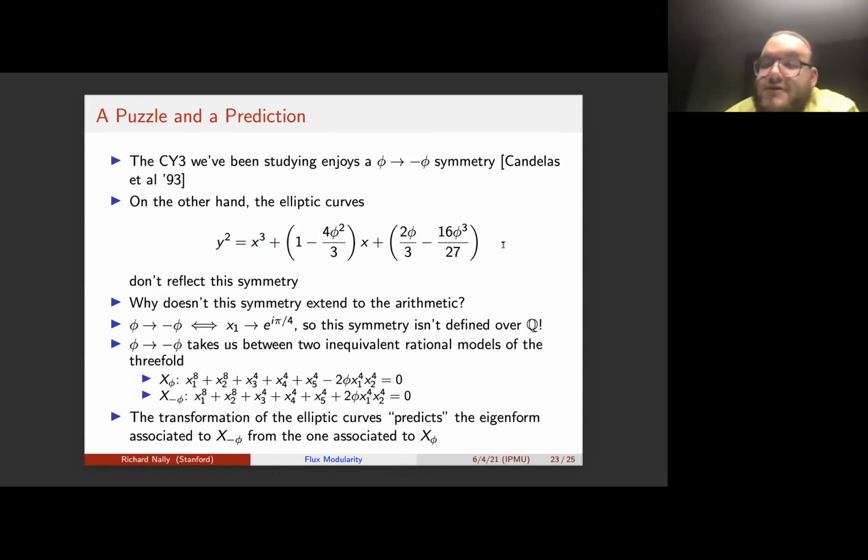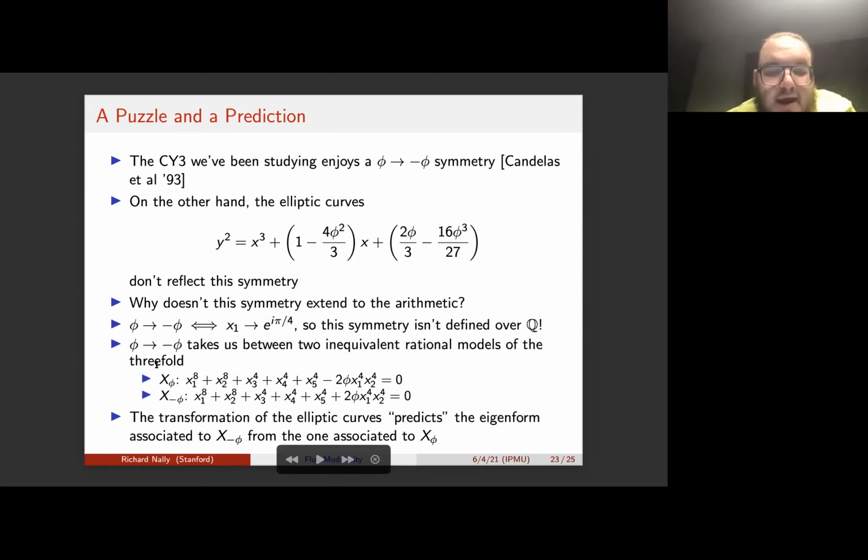Well, at the level of the threefold, one way you can implement phi goes to minus phi is to rescale x1 by e to the i pi over 4, and that just does phi goes to minus phi for you. But importantly, this has an i in it, so it's not defined over Q. So this complex symmetry doesn't extend to a symmetry of the arithmetic.